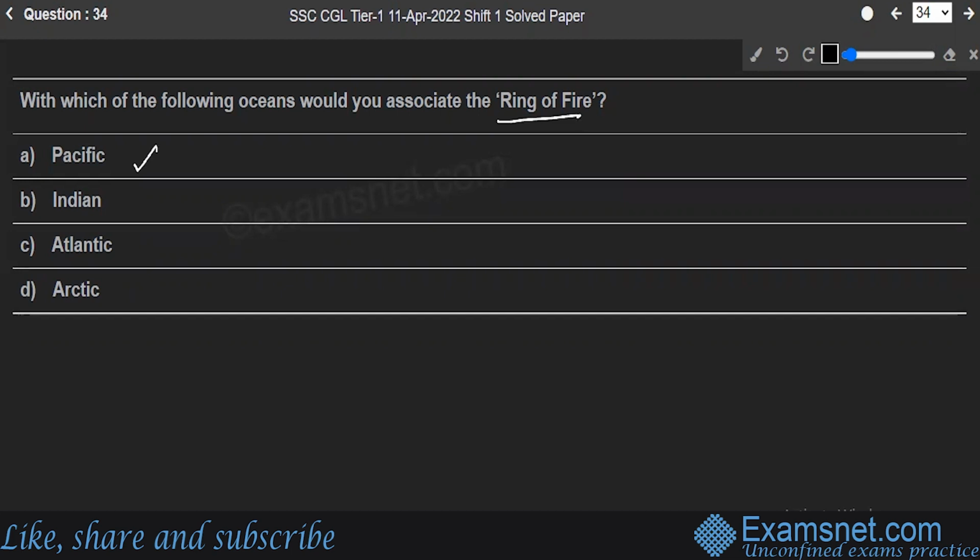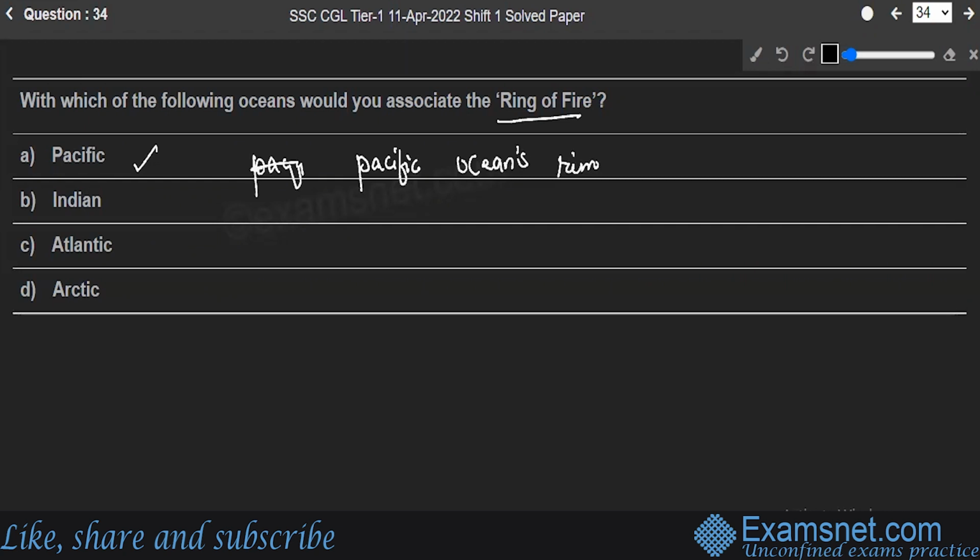Many volcanic eruptions and earthquakes which occur in the Ring of Fire run along the Pacific Ocean's rim.